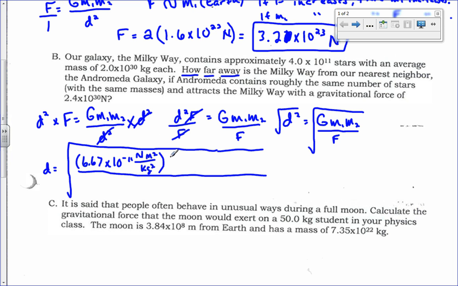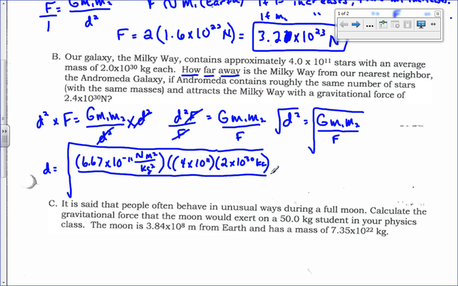So here's what you're going to do. Open up two parentheses. Put in the number of stars, that's going to be 4 times 10 to the 11. Close the parentheses, open another parentheses, and put in the mass, 2 times 10 to the 30 kilograms.